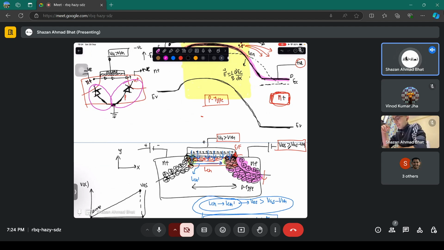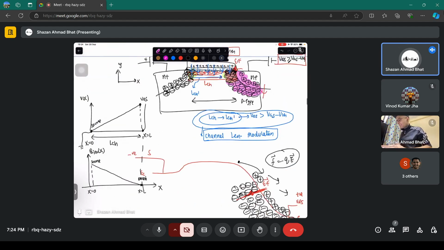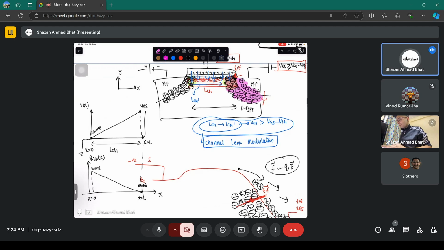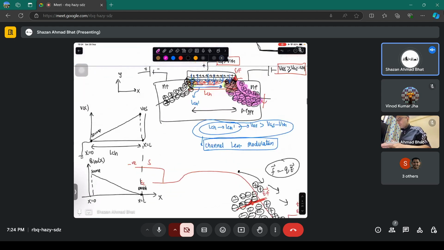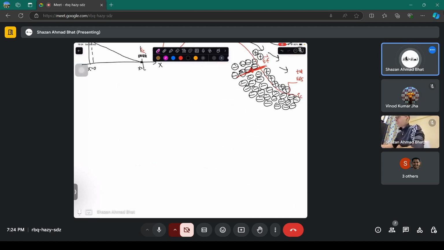Okay, we bias it in that particular fashion. And they are the crucial elements of the MOSFETs. But I'll talk about those particular PN junctions in the next class, maybe next session, and how these depletion charges play a crucial role in modifying. But right now, maybe we'll talk about current more, IDS. Okay, let's talk about current.